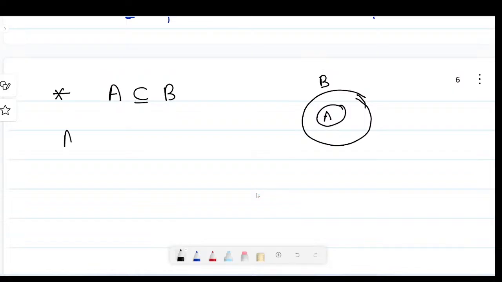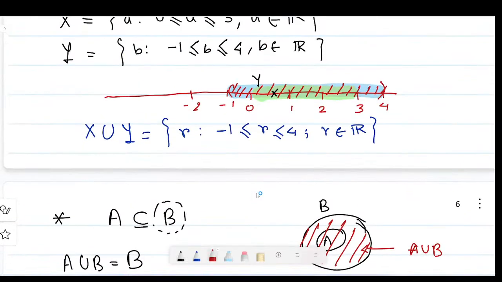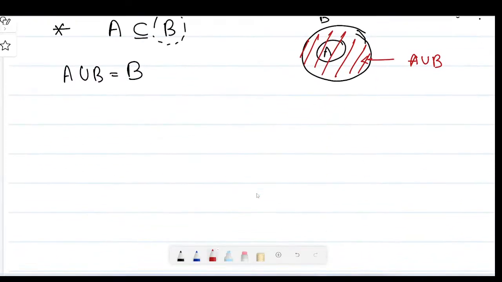So then A union B will be the bigger set, that is B. So this is my A union B. So here we can easily see that X is a proper subset of Y. So definitely X union Y will be Y.